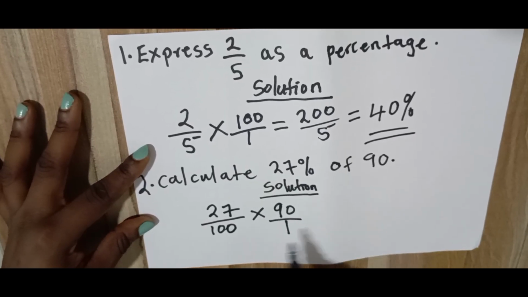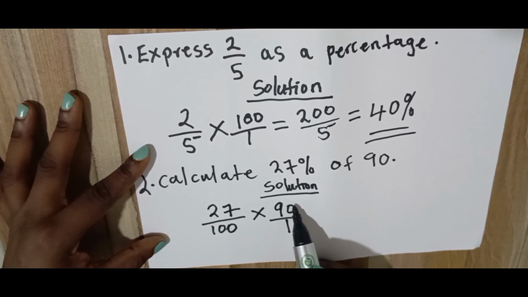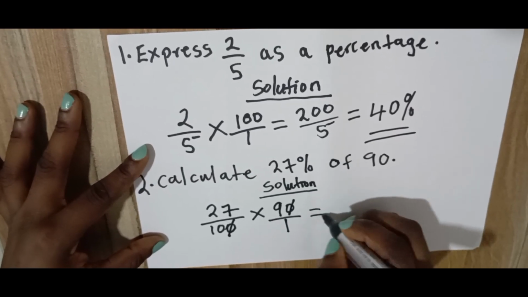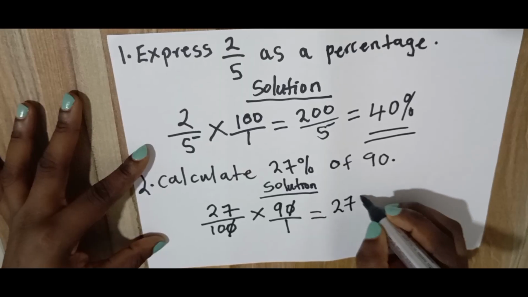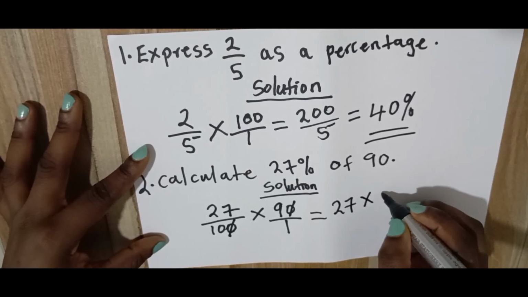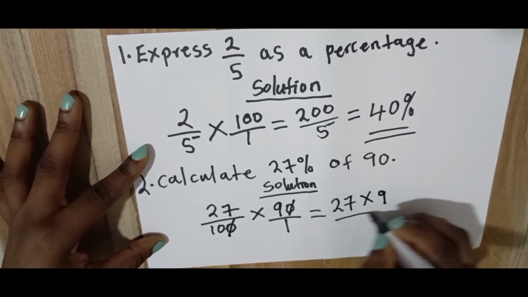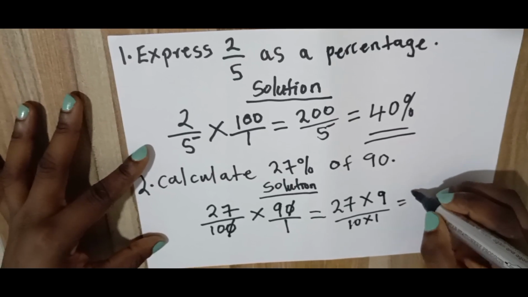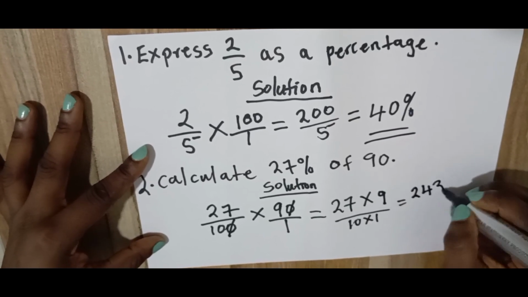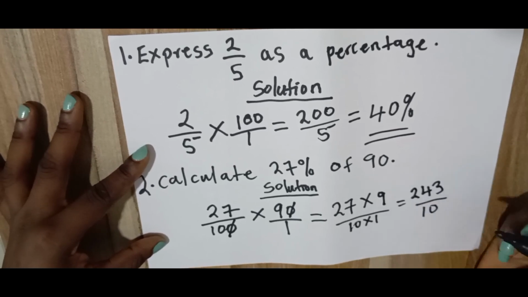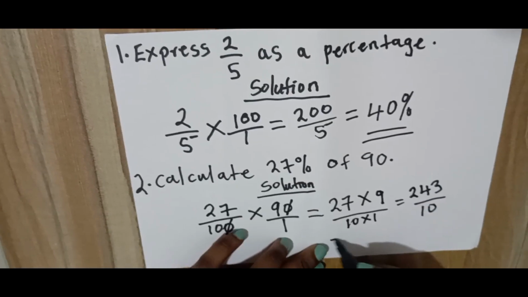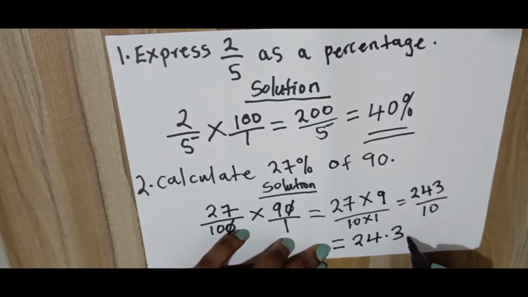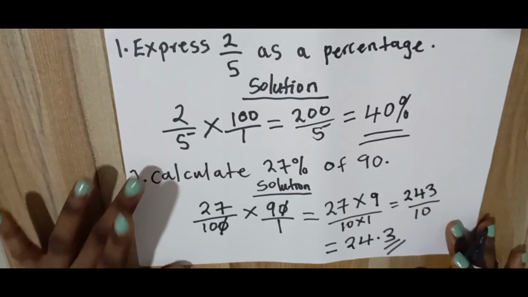So I'm going to cancel this 0 by this 0, then I'll be left with 27 times 9 over 10 times 1, which is going to give us 243/10. And 243 divided by 10 is equal to 24.3. So this is my answer.